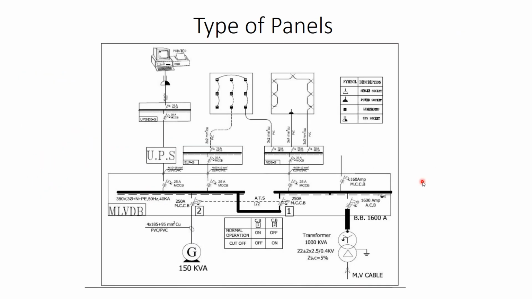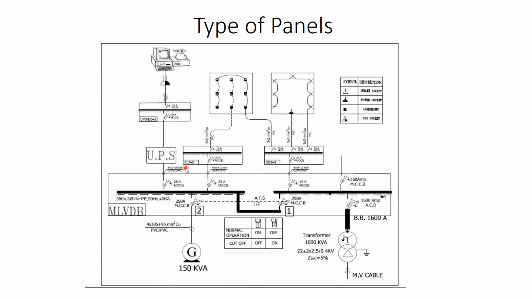Now, the final thing is the types of panels. We have 3 main types: a UPS panel, a normal distribution board or panel, and the emergency panel. Remember: UPS, normal panel, emergency panel.